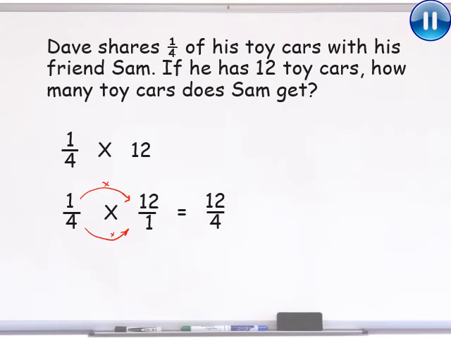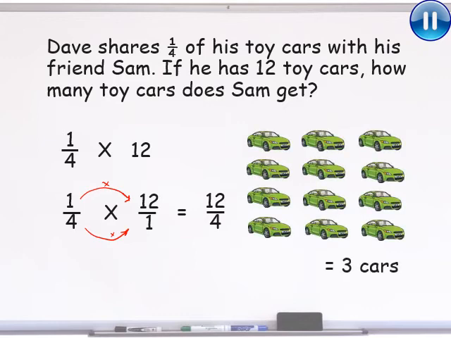Okay, that's great. So then we should end up with 3 cars, because we can't have 12 over 4 cars, can we? So we need to convert that into a mixed number, sorry. So it would be 3.